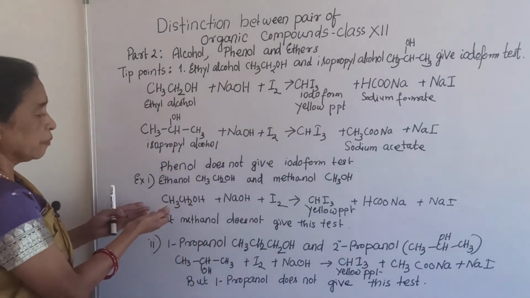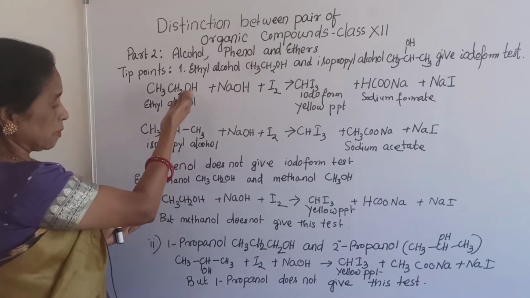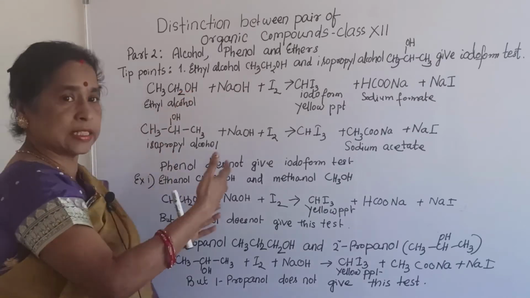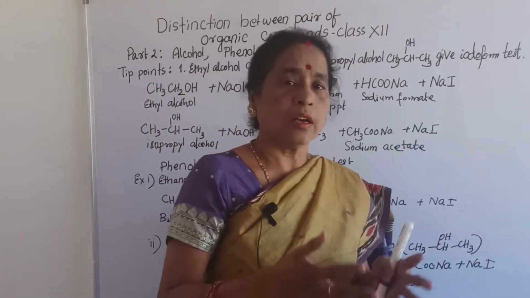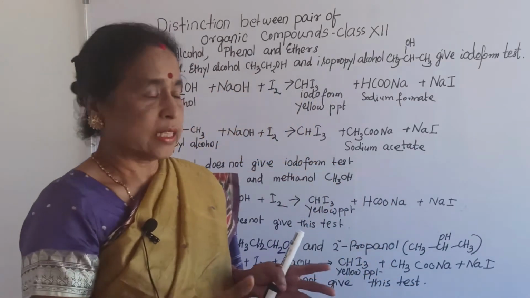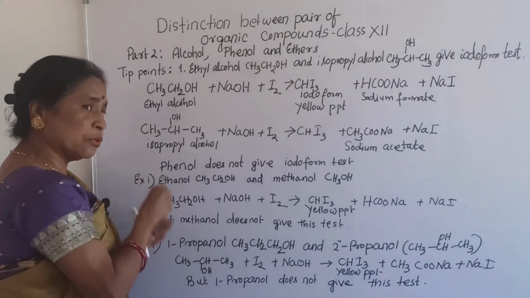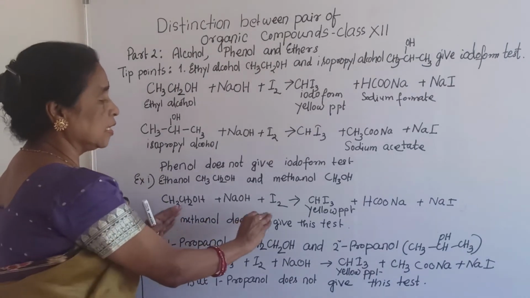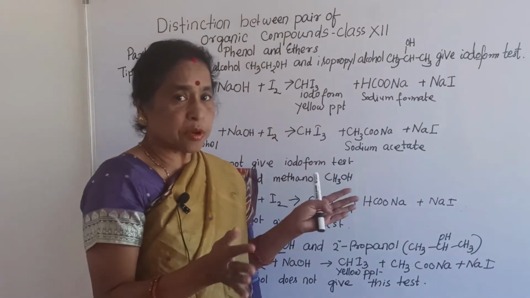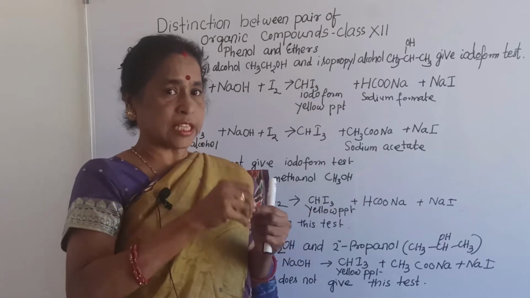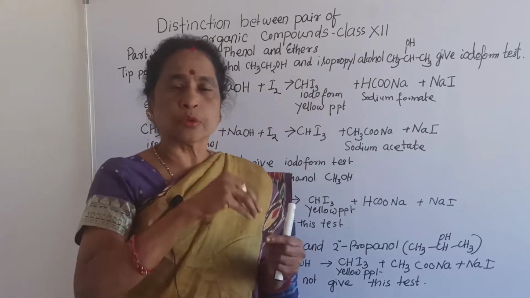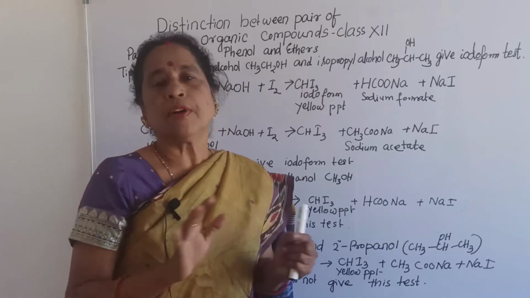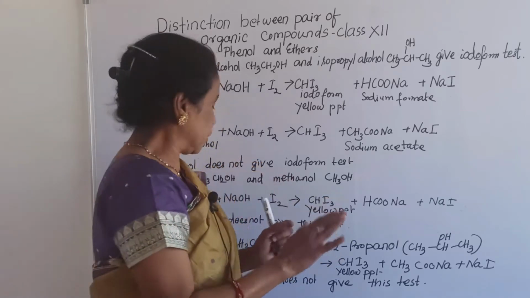So you will show by the reaction, same as I told before, CH3CH2OH, NaOH, I2 gives CHI3, the color is yellow precipitate, that is iodoform. Whereas you should write, but methanol does not give this test, otherwise you can't distinguish. Write which test is possible and the color, and after that you should mention that the other one will not give or does not give this test.